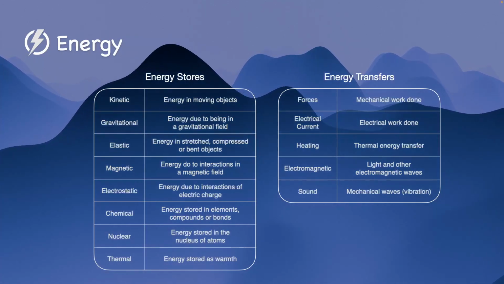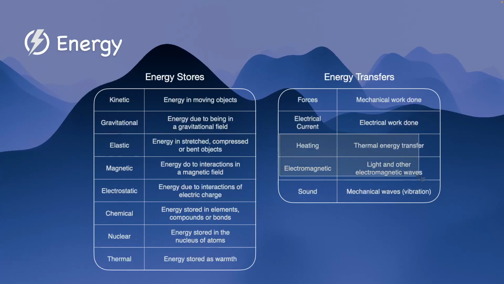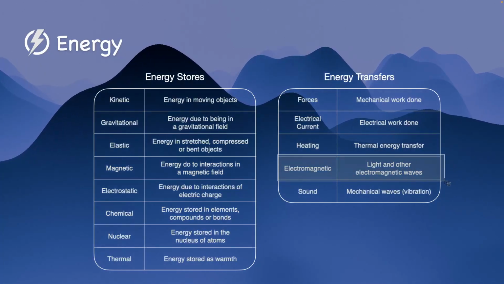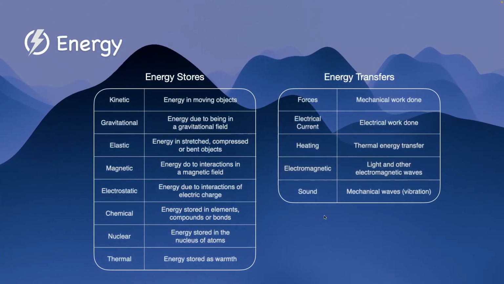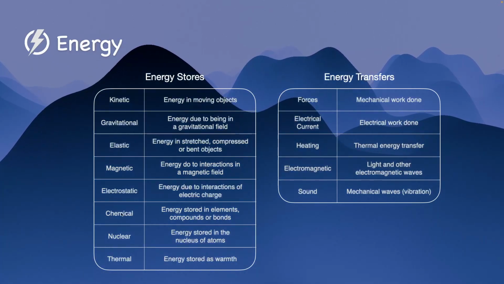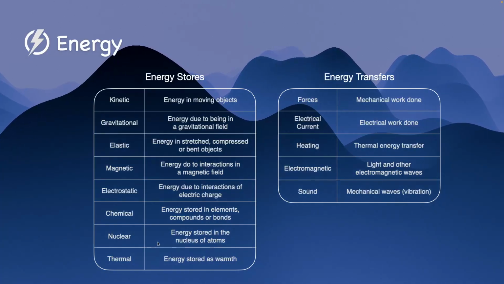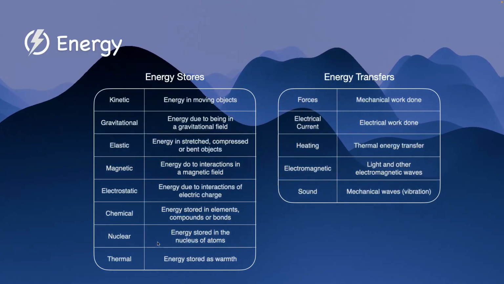An example of this is burning. So heating and then the electromagnetic waves or infrared heat are given out. That is the energy released by the chemical energy store most of the time. Nuclear energy is the energy stored in the nuclei of atoms.